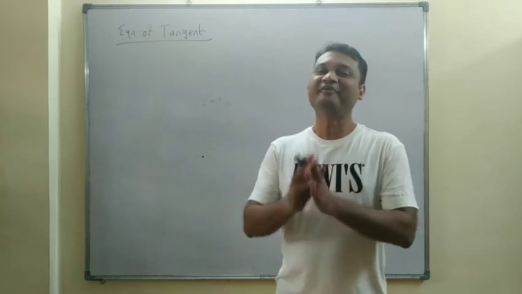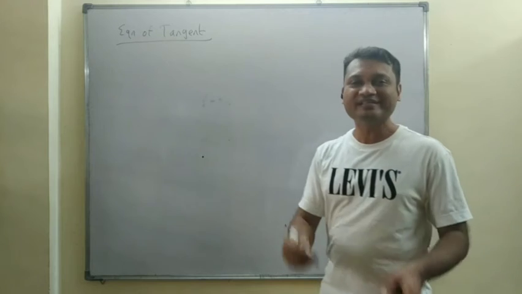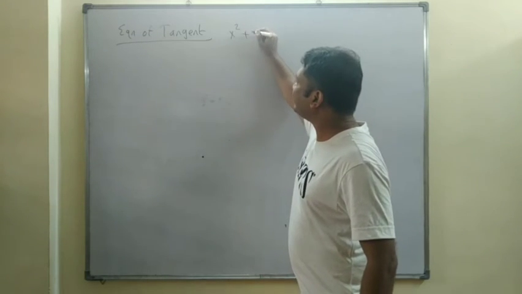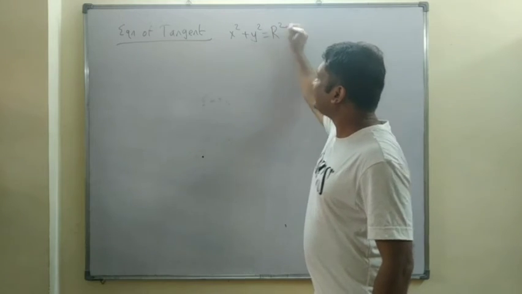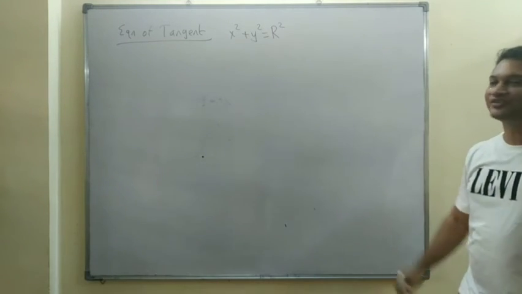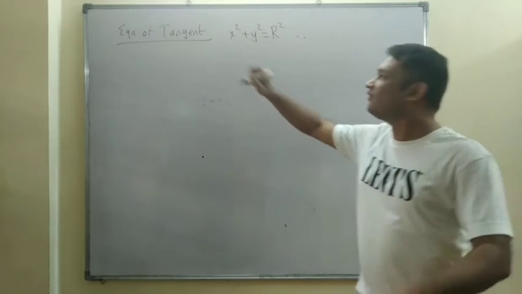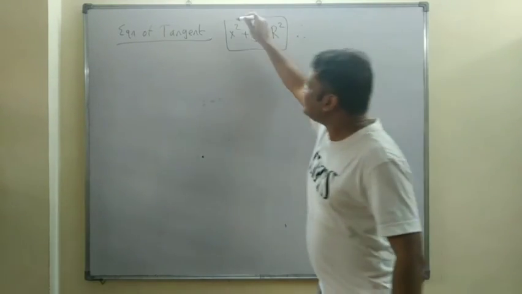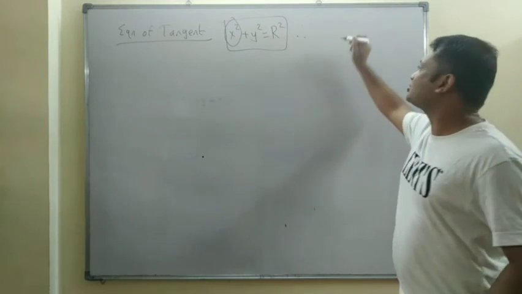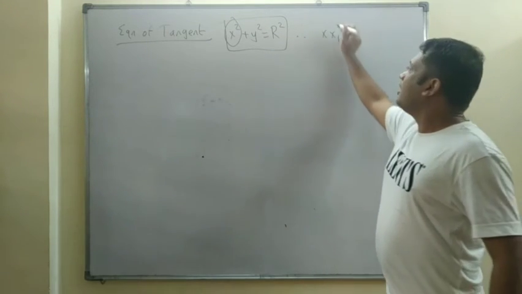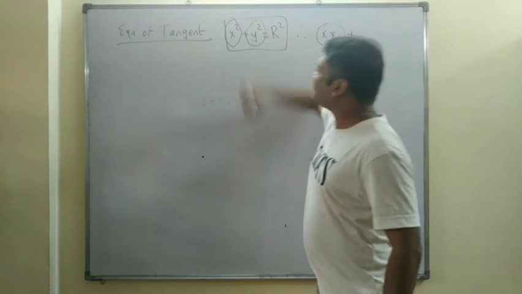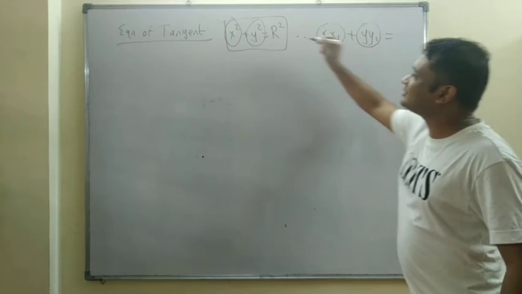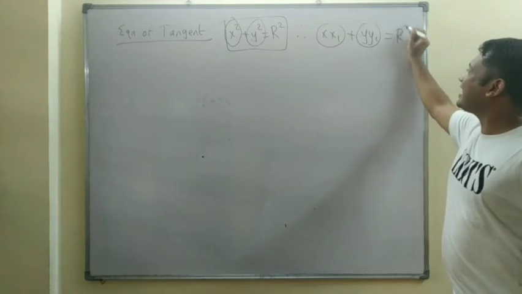Students, we just derived the equation of the tangent to a circle in standard form. So what is the equation of the circle in standard form? It is x square plus y square is r square. And what is the equation of the tangent to this circle? It is given as, instead of x square, I will substitute xx1 plus, instead of y square, I will substitute yy1, and that equals r square, this constant remains as it is.